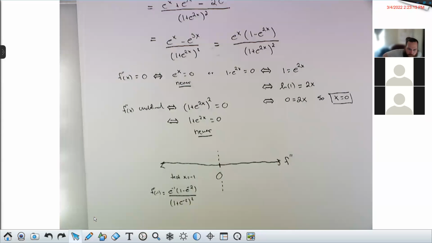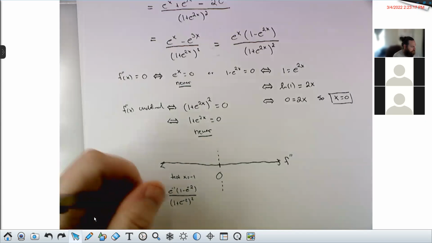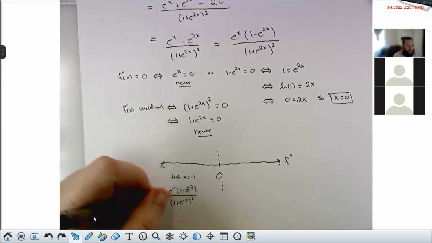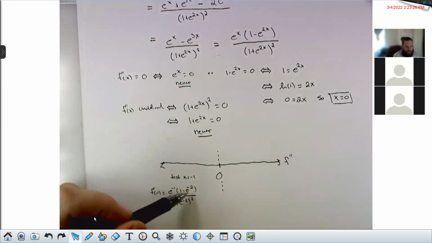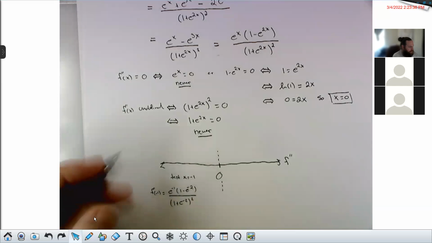And I just want to know whether this is positive or negative. E to the -1 is positive. It's 1 over e. It's like 1/3. 1 minus e to the -2 is positive because e to the -2 is like 1/8, right around there between 1/8 and 1/9. And 1 minus something smaller than 1 will be positive.